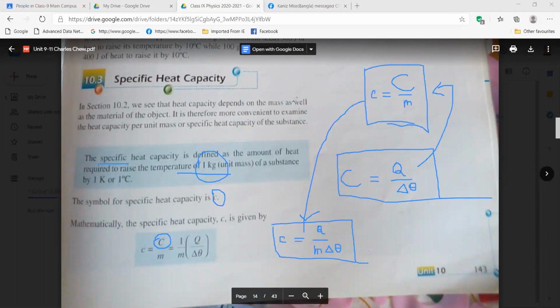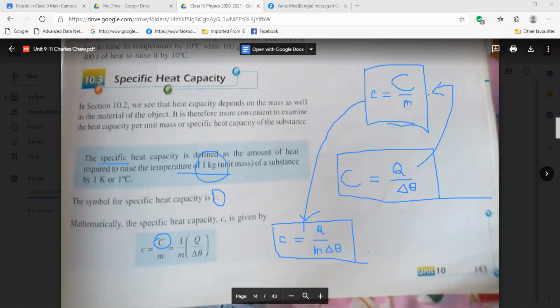Very good. Specific heat capacity equals heat capacity by mass. That means if you divide the heat capacity by the mass of the object, then you will get specific heat capacity, which is for only 1 kg object. And heat capacity you are getting for the whole object. That's the main difference.